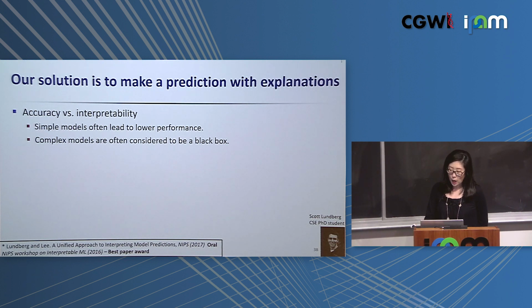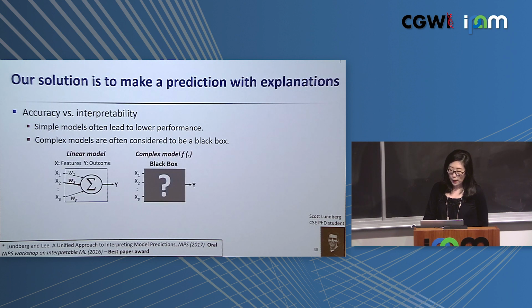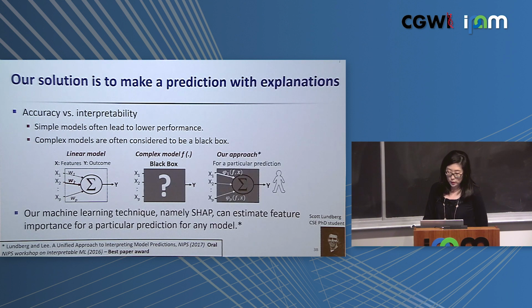With large modern data sets, the best accuracy is often achieved by complex models that even experts struggle to interpret. A linear model is really easy to interpret, but it often works worse in terms of prediction accuracy. To resolve this challenge, we developed machine learning techniques to estimate each feature's importance for a particular prediction made on a particular patient at a particular time point.